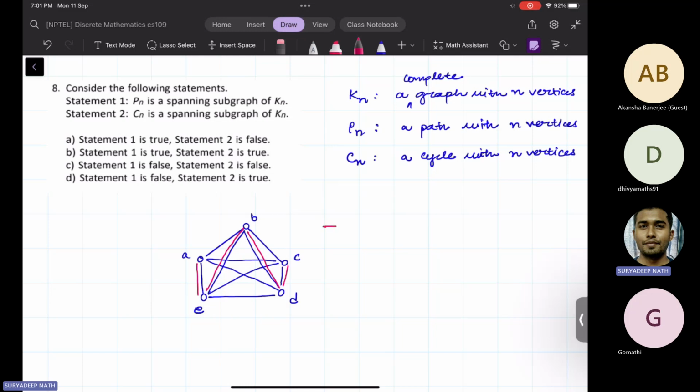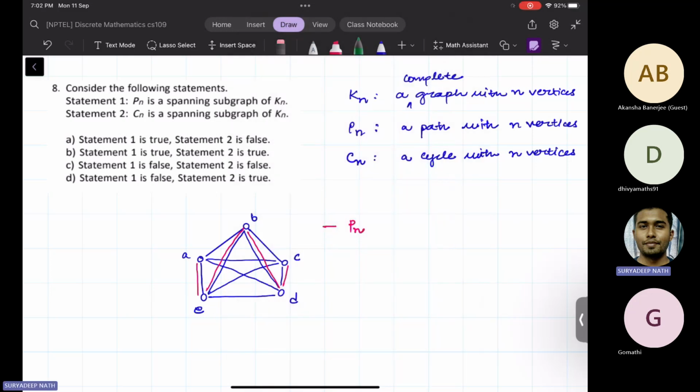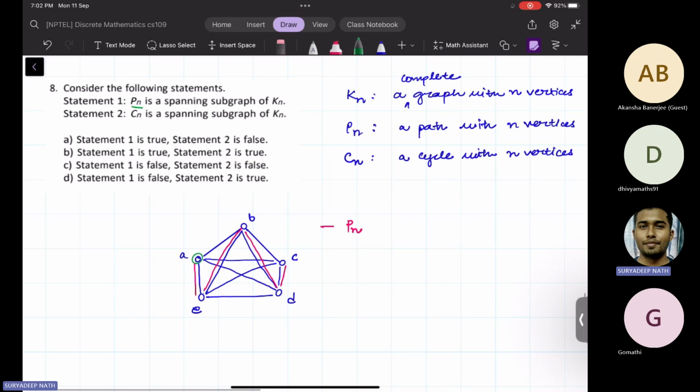So this red is Pn, right? So is it a spanning subgraph? Pn, this n represents that it contains n vertices and it is a path. Therefore you see that all the vertices are covered. So therefore it has to be a spanning subgraph.